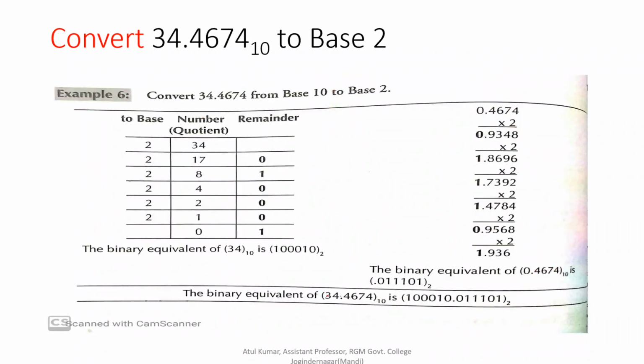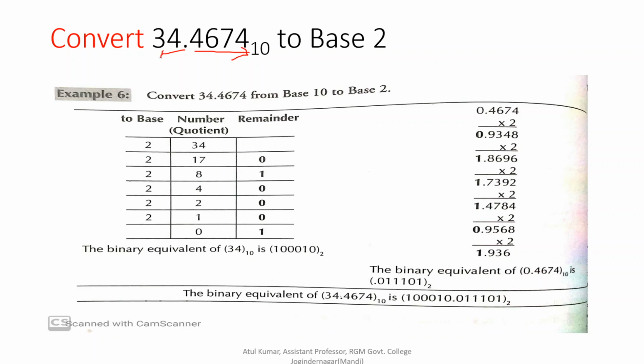In the next example we have the number 34.4674 in base 10, to be converted to base 2. We have to convert this number into its binary equivalent. This one is very easy. Before the decimal point we have a number, and after the decimal point we have a number.